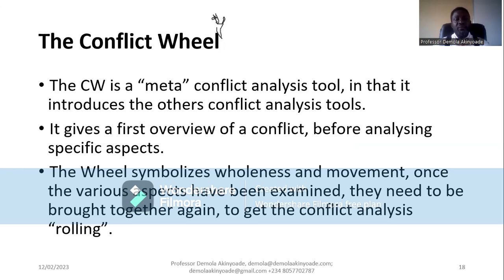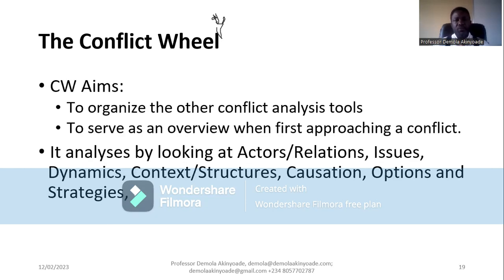So, as I said, it gives an overview of a conflict before analyzing specific aspects of it. The wheel symbolizes wholeness and movement. Once the various aspects have been examined, they need to be brought together to get the conflict analysis rolling. So the aim is to organize the conflict and other conflict analysis tools and to serve as an overview when first approaching a conflict.